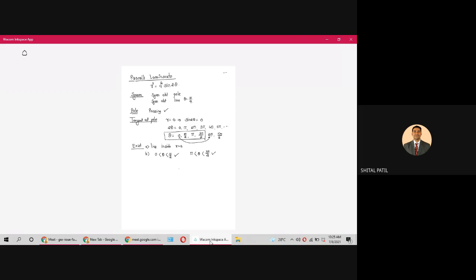And the curve is like this. These are the tangents: 0, pi by 2, pi, 3 pi by 2.